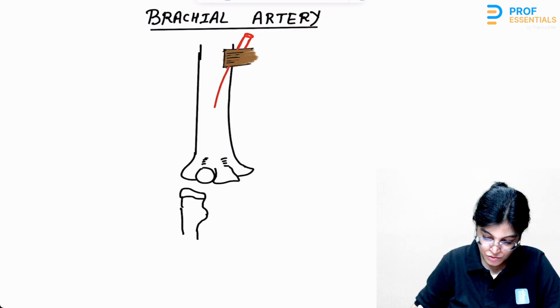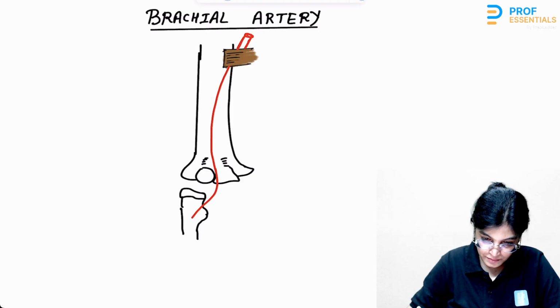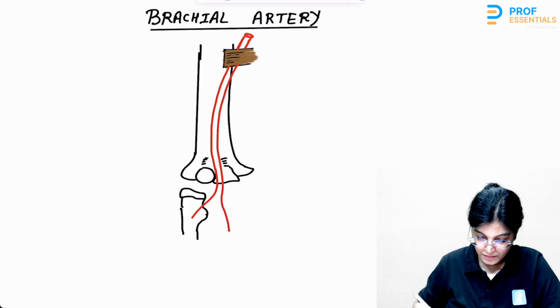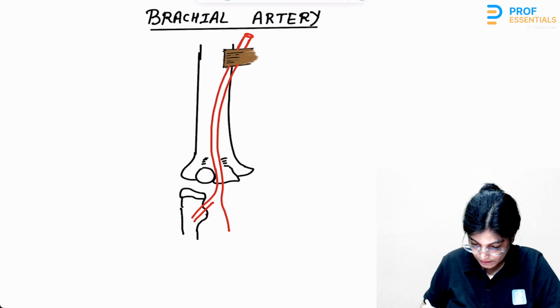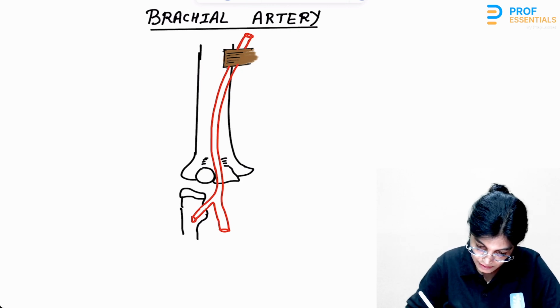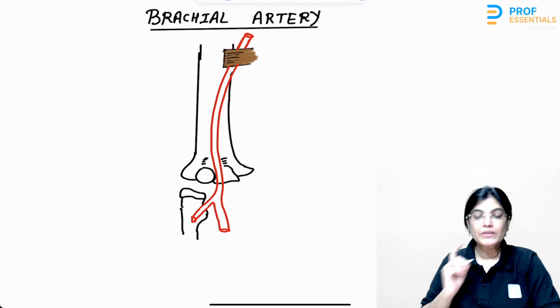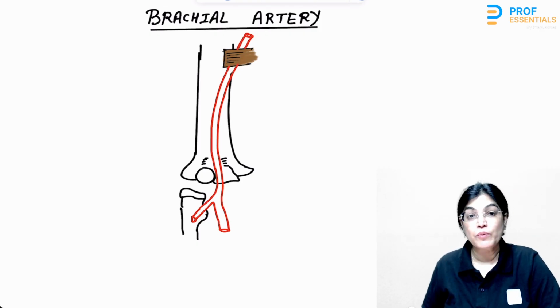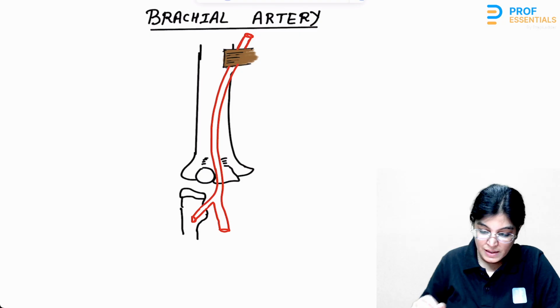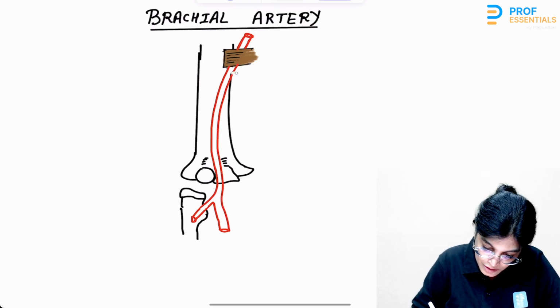So I am going to draw the brachial artery like this. After that I will draw the filling part of the lumen of the arteries. One of its largest branch should also be focused and drawn here.